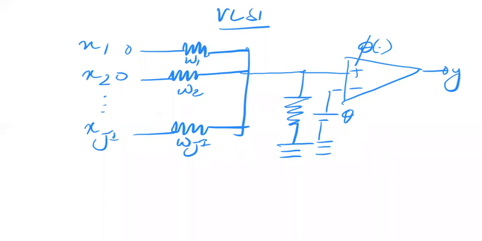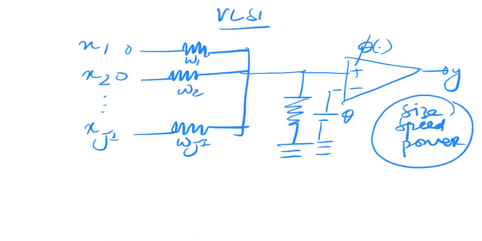And very quickly going through the VLSI circuit implementation, the analog approach is super attractive in terms of three things: size, speed, and power. This is where VLSI becomes super interesting for the neuromorphic chips that are being developed. A neuron can be realized with a simple amplifier.